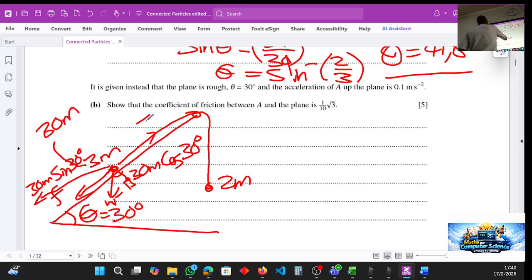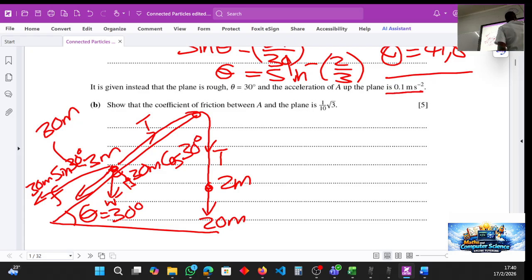Then here we have tension, and there we have tension. But the weight going downwards is going to be 20m, because it's 2m times 10. So we are interested in showing that the coefficient of friction between A and the plane is actually 1 over 10 times the root 3.